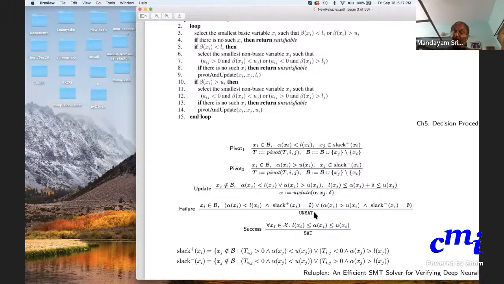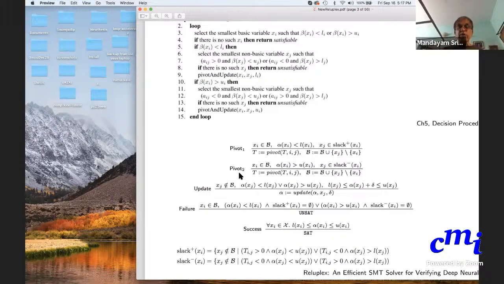And if there are variables in the basic set which are out of bound, but you cannot find any non-basic variable with a suitable slack to fix the out-of-bound violation of the chosen basic variable, then you declare a failure. So that's how it is done.